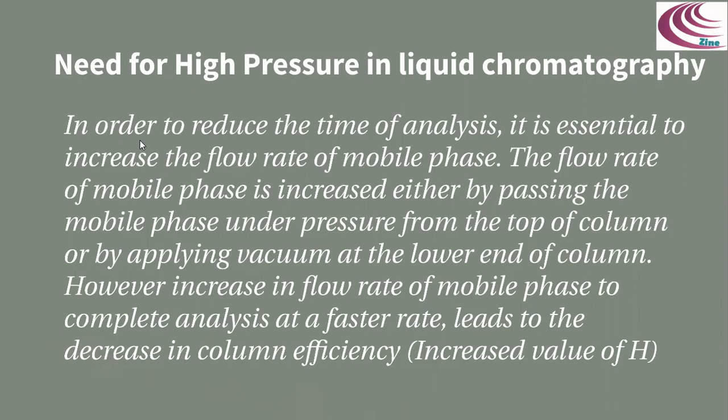The bigger particle size of the stationary phase offers less resistance to the flow of mobile phase. In spite of this, a flow rate of less than a ml per minute or a few drops per minute is achieved. Thus, in classical liquid chromatography, the time required for the separation of solutes is long. This can lead to an undesirable phenomenon of band broadening, thereby leading to less efficient separation.